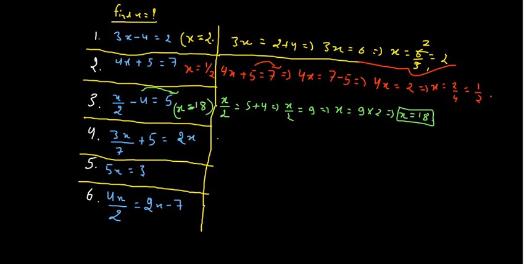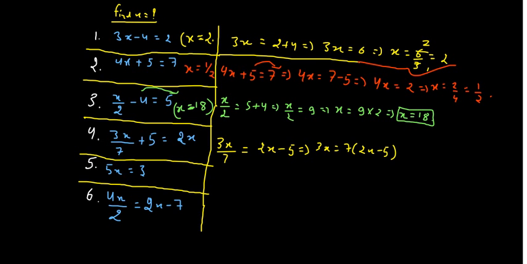3x divided by 7 is equal to 2x minus 5. Okay, what is going to be next? Now, we need to multiply the 7 on the RHS side. So it will look like this.